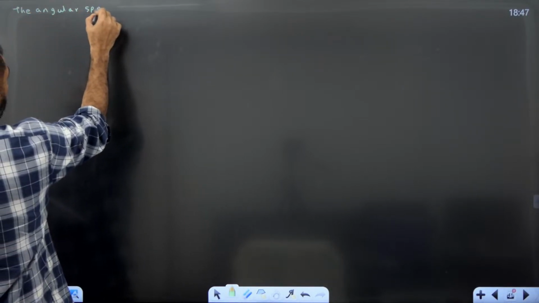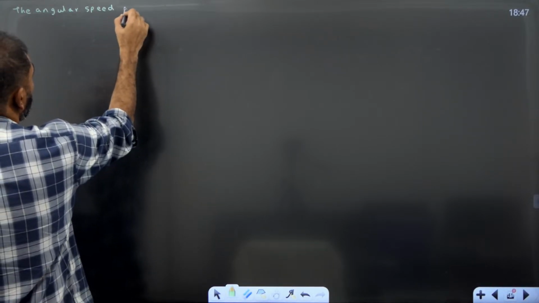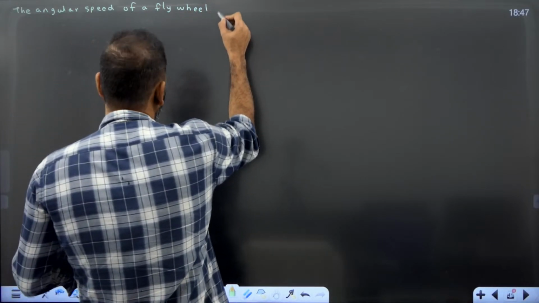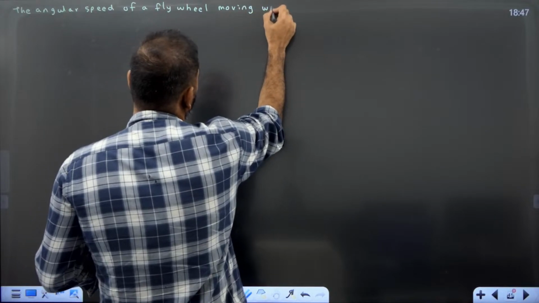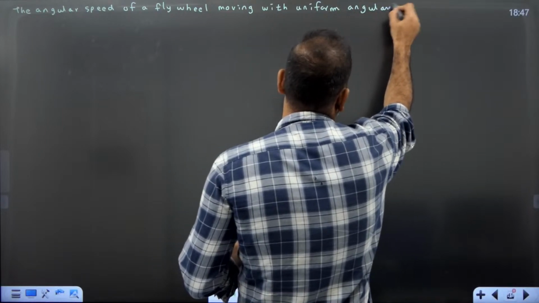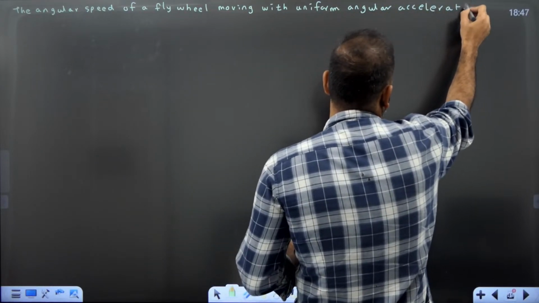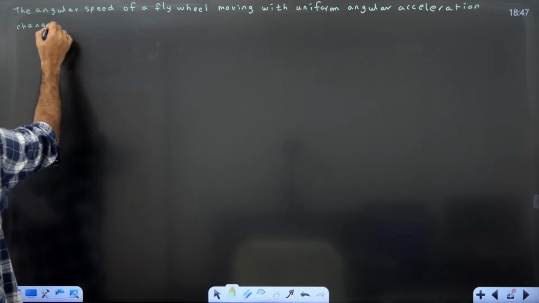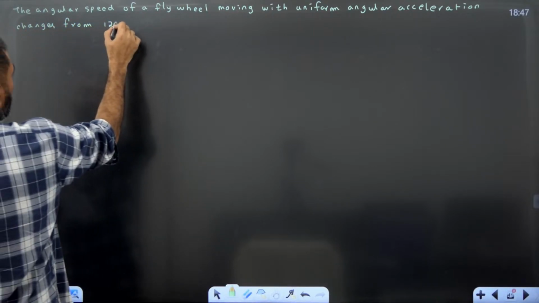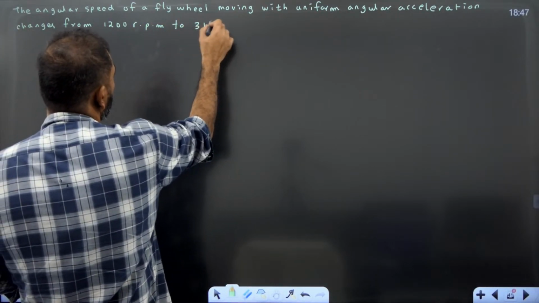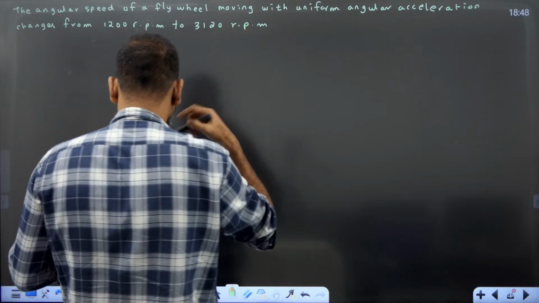The angular speed of a flywheel moving with the uniform angular acceleration changes from 1200 rpm to 3120 rpm in 16 seconds.